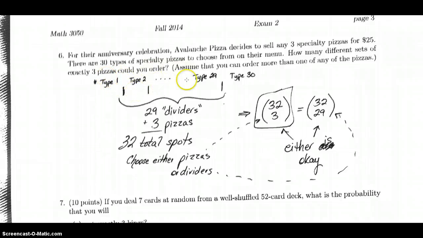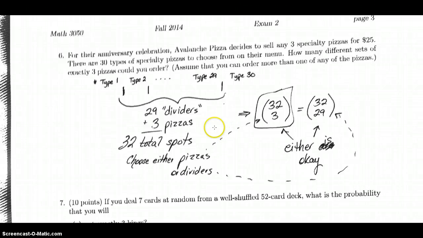So 30 different categories of pizza, which means 29 walls, and then we have these 3 pizzas that we can put into any of these 30 categories. So 29 dividers, 3 pizzas gives us 32 possible spots, and then we're choosing either 3 pizzas or 29 places to put the dividers. So either of these would give you a correct answer.